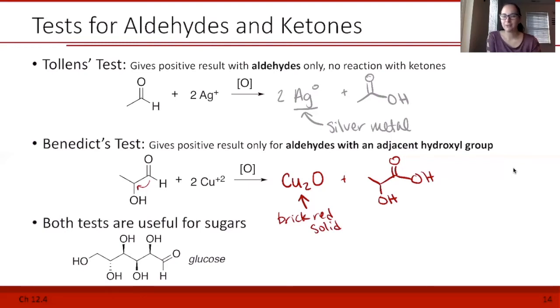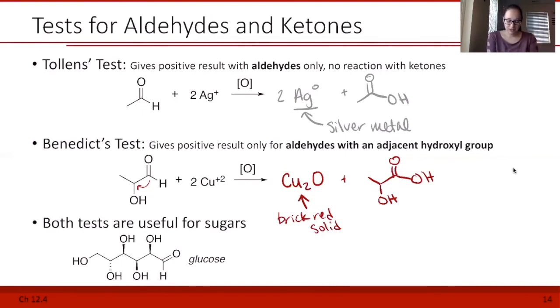It's what's in bricks. So that gives it that stereotypical coppery red color. So if you have specifically an adjacent hydroxyl group to an aldehyde, is only when this will work. If you just have an aldehyde, it won't work. So these are some examples of tests that they used to do back in the day to see what they had in solution.